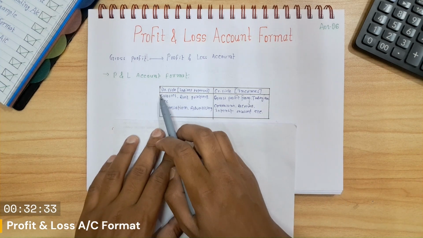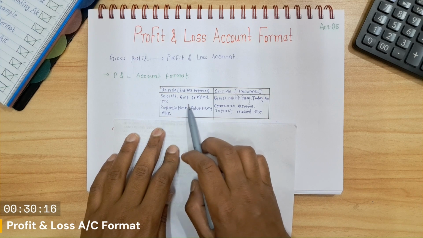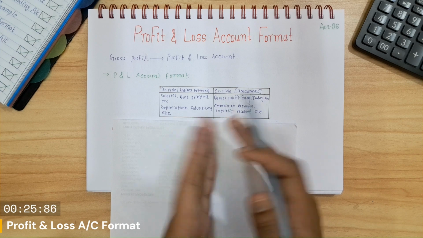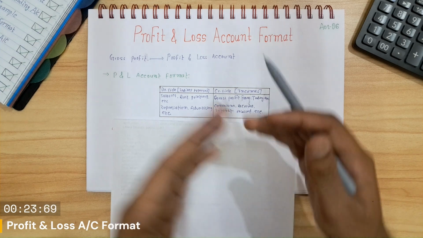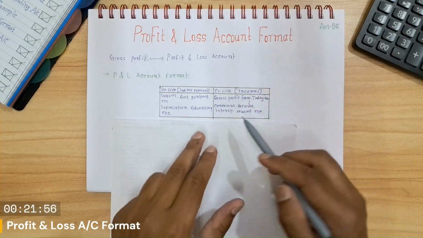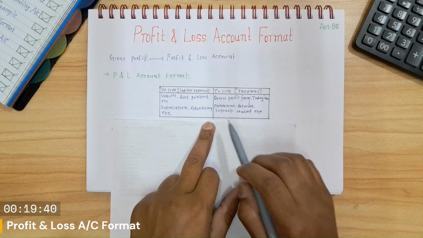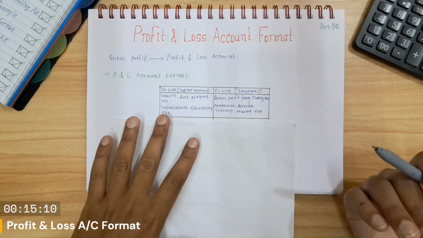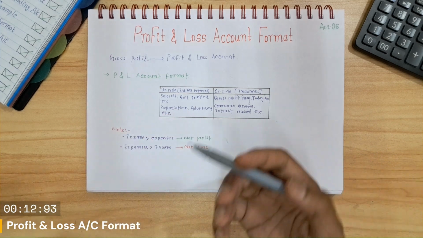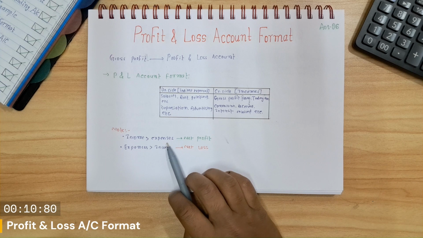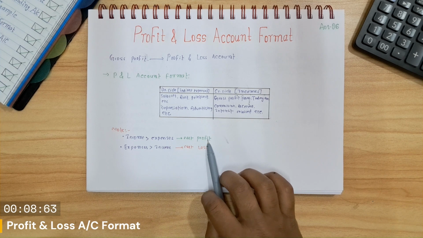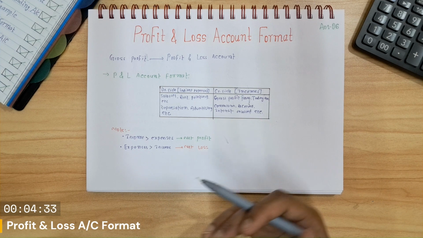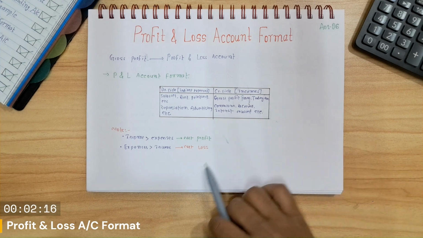These are all the indirect expenses like salaries, rent, printing, depreciation, advertising, etc. On the credit side, gross profit from the trading account, and lastly indirect income, like commission received, interest received, etc. If income is greater than expenses, we find net profit, and if expenses are greater than income, then we bear a net loss.